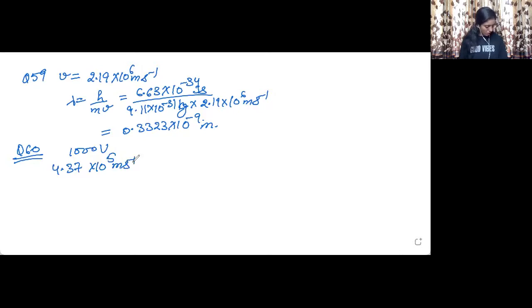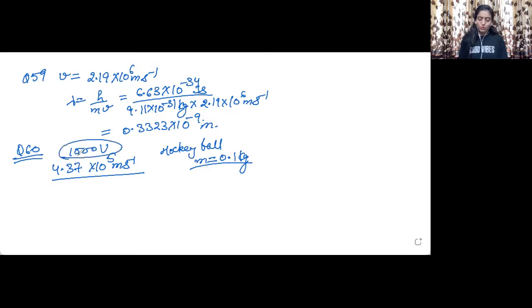If a hockey ball of mass 0.1 kg is moving with the same velocity as that of the proton, calculate the wavelength associated with it. We just need to find the wavelength associated with this hockey ball. The 1000 volt has been given just to confuse you. So we just need to find lambda.